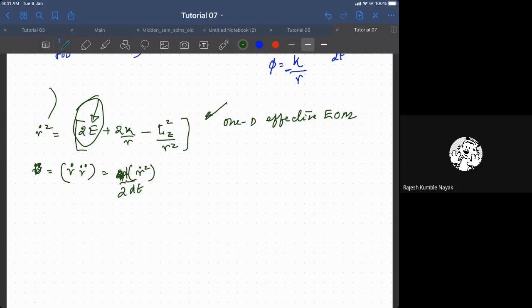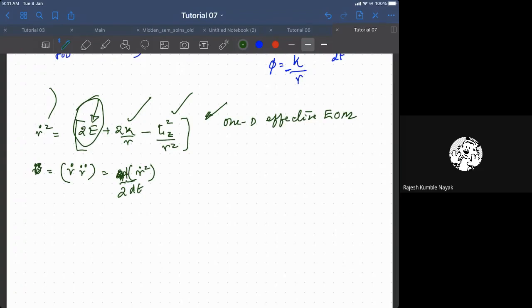Everything else has been removed. And then you see there are two terms here. One is the potential, 1 by r, corresponding to gravity. And then there is a 1 by r square. So these two are the competing forces which are giving you the equation of motion.